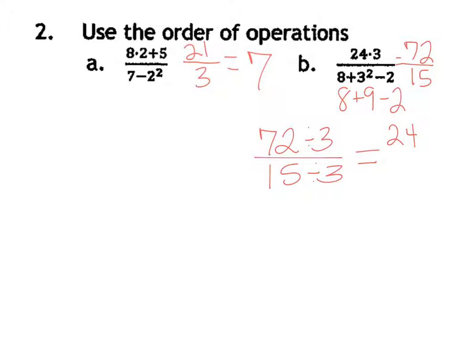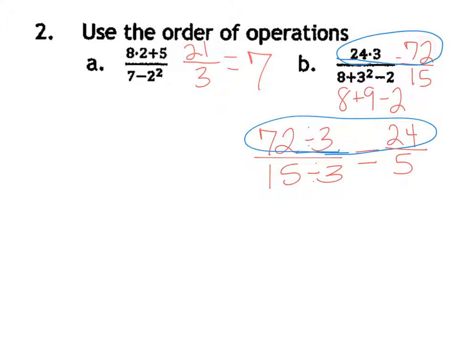Okay. I need you guys to make this connection. 24 times 3 is 72. What's 72 divided by 3? See the blue circles? They're all connected. And then finally, 15 divided by 3, we all know that, was 5. 24 over 5 is fine. Leave it like that. Don't do anything different.